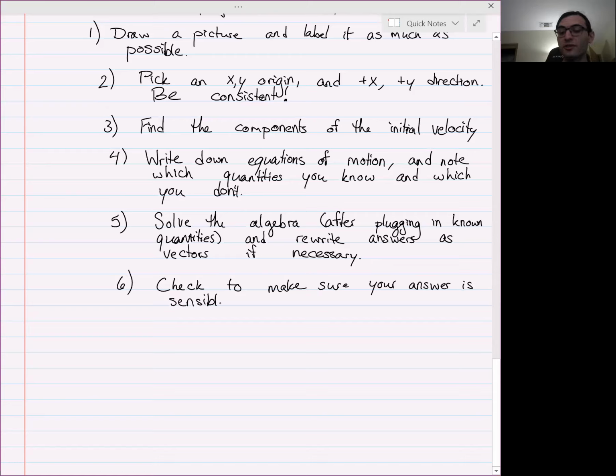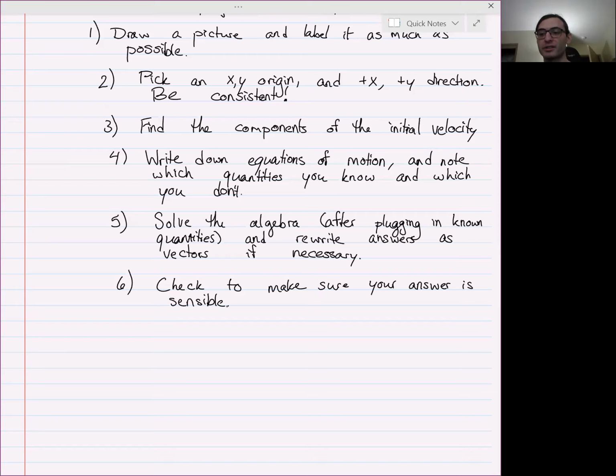Super important, because often people will make a mistake somewhere and then they'll end up with something with the wrong units, for example. In that case, their answer doesn't make any sense. Similarly, maybe the question was, you shoot a bullet from the Eiffel Tower northwest. How long does it take to reach the ground?